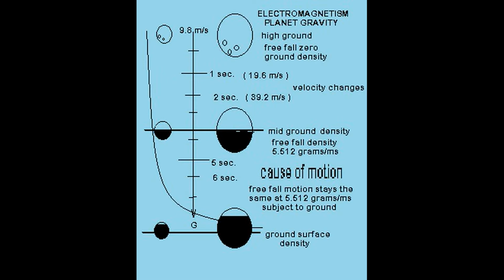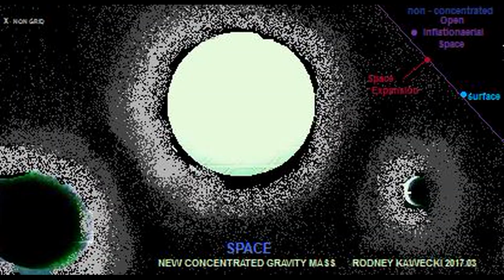So when we talk about gravity, whether it's a zero-point energy gravity, which is empty space, or a 9.8 meters per second energy, like on Earth, in space we have this concentrated change of the element.